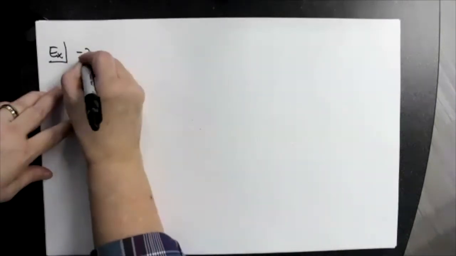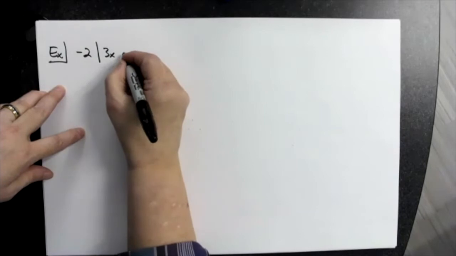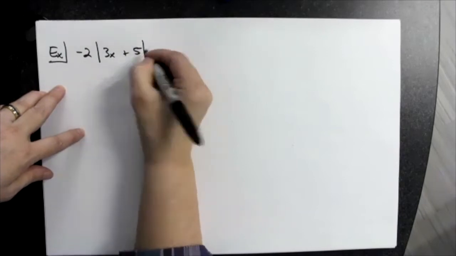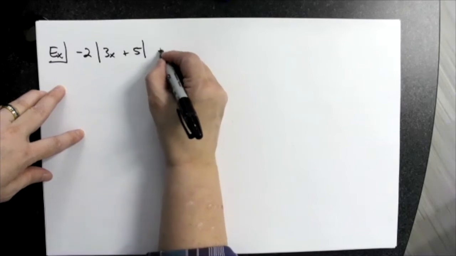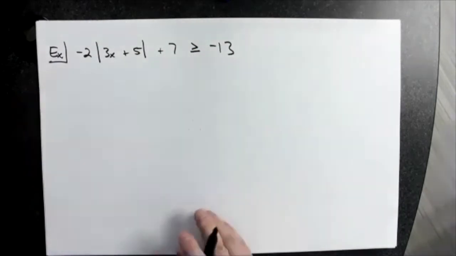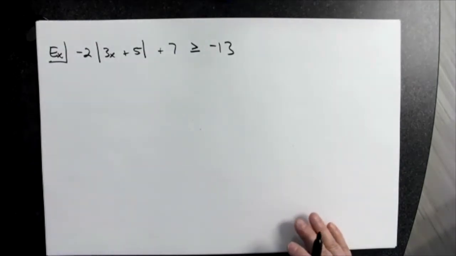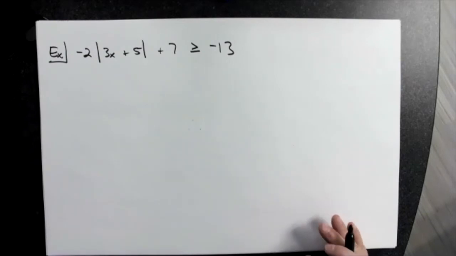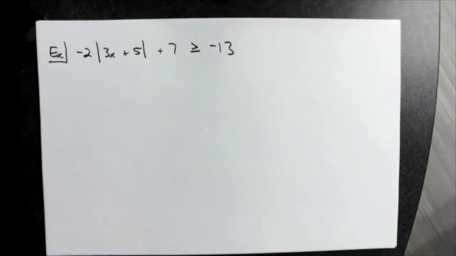So let's do negative 2 absolute value of 3x plus 5, close the bars, add a plus 7, greater than or equal to negative 13. The absolute value bars are not isolated. I've got the plus 7, and I've got the negative 2 being multiplied in front.